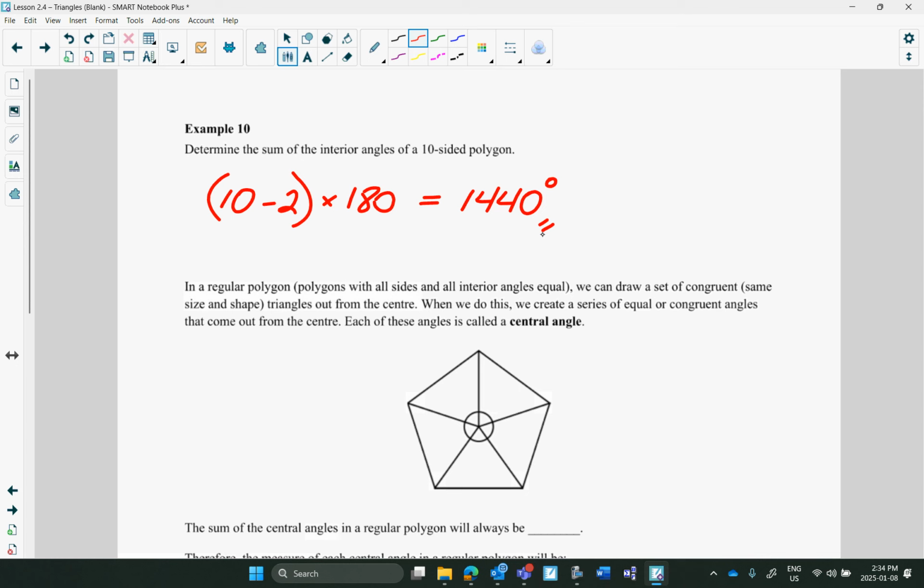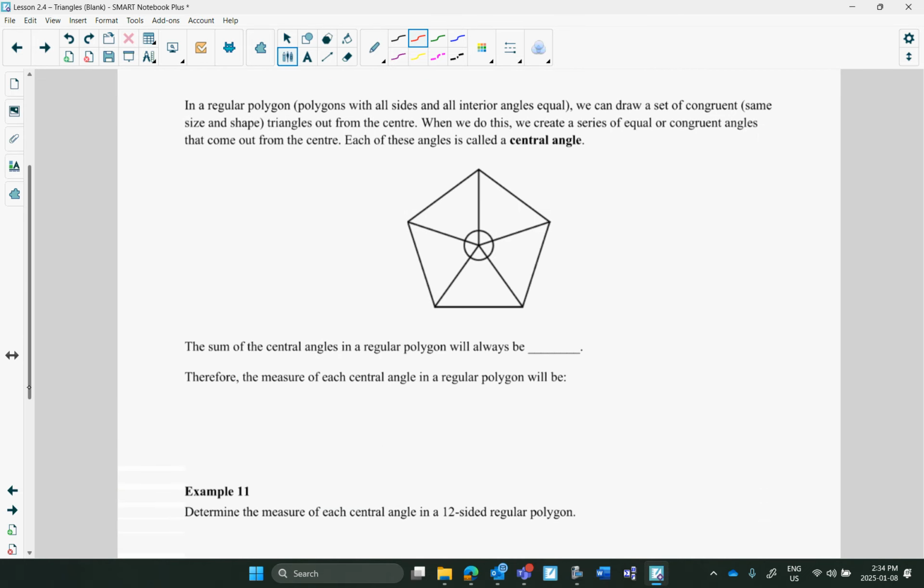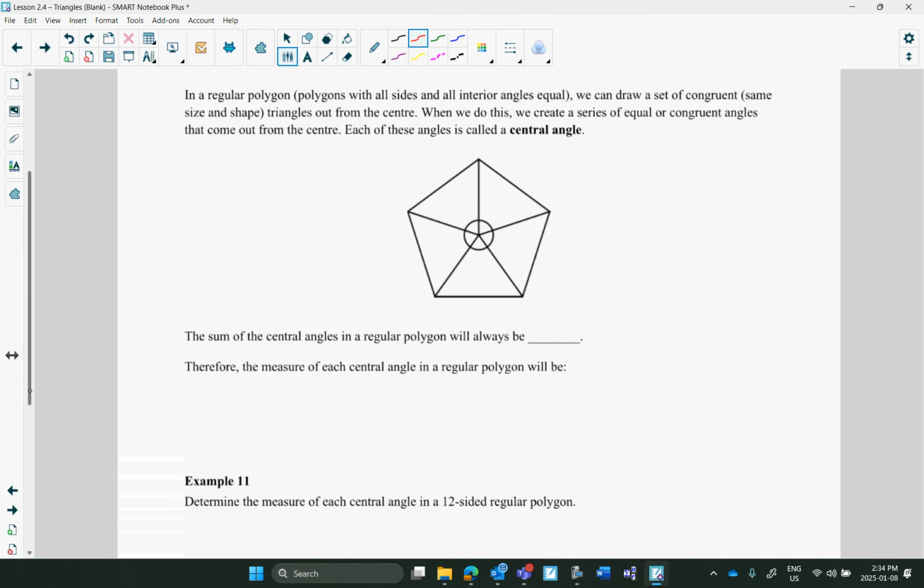Finally, with triangles, take polygons. We can, in regular polygons, that's important. They have to be regular to do this.